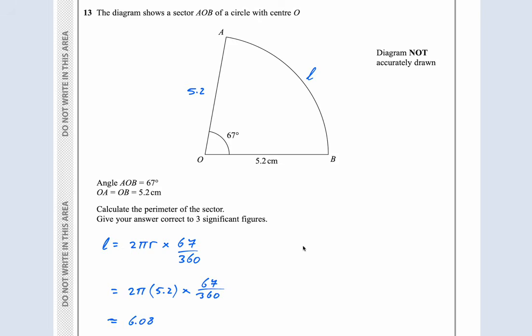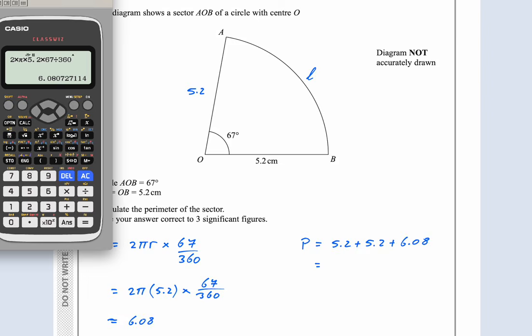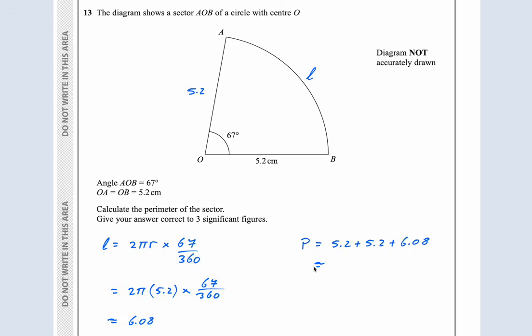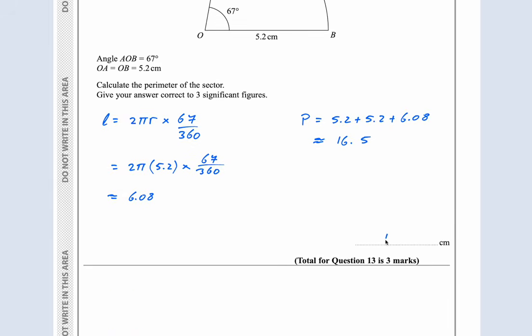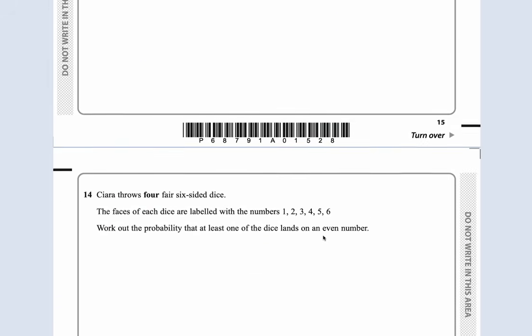And that means the perimeter is equal to 5.2 plus 5.2 plus 6.08, which is 16.48 or 16.5. So it's 16.5 to 3 significant figures. Okay, that is question 13.